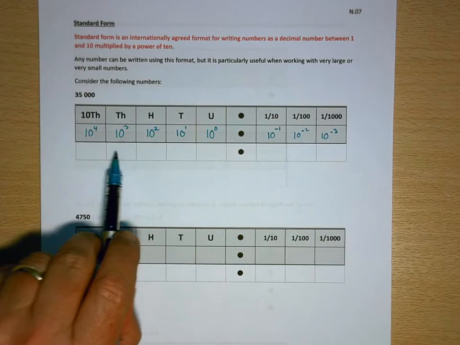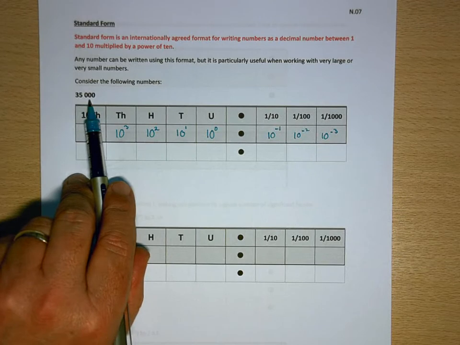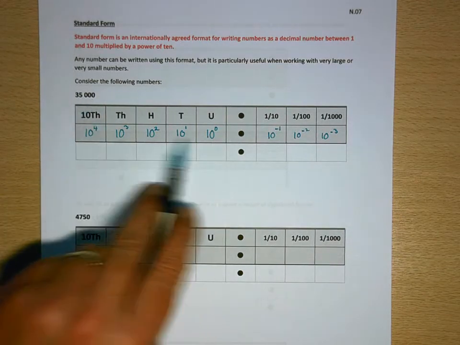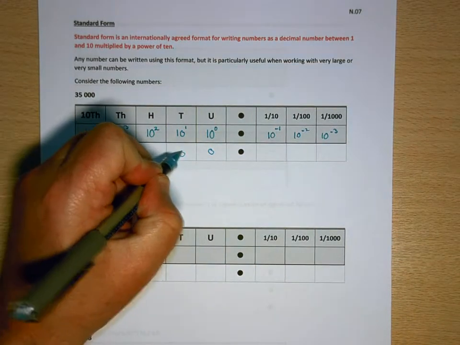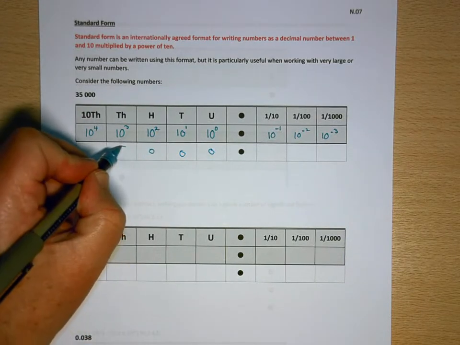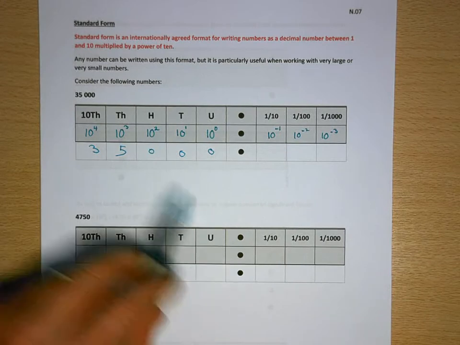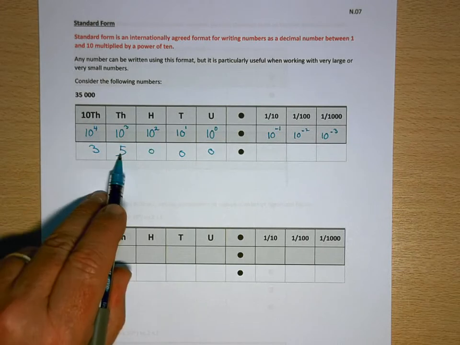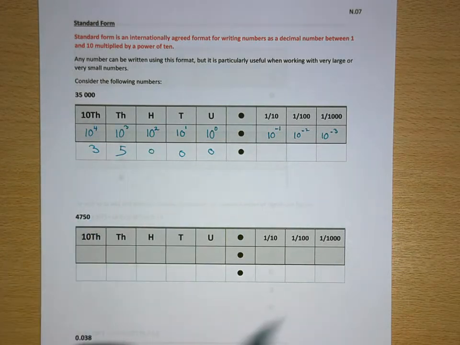And each of these then gives you the place value. So if we've got the number 35,000, then what we can do is drop that into our grid here, and if I start at the right and work left, you can see that 35,000 is 3 10,000s and 5 thousands, and then 0 everything else.